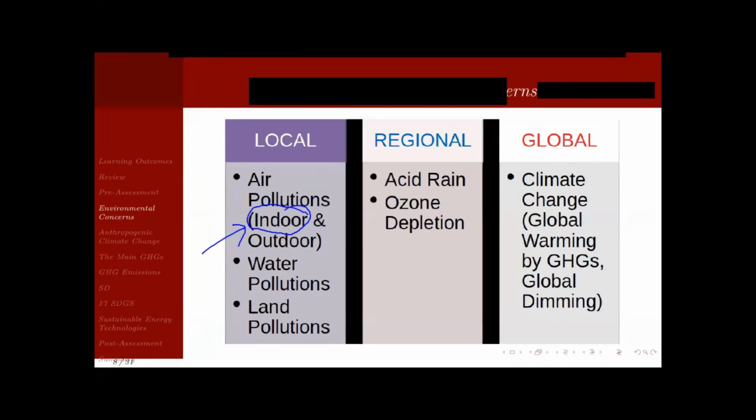It's happening at a global scale. So those are basically global warming. The consequence will be at a much larger scale. Okay, so these are the three levels.